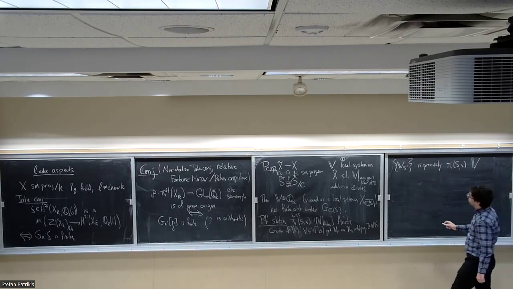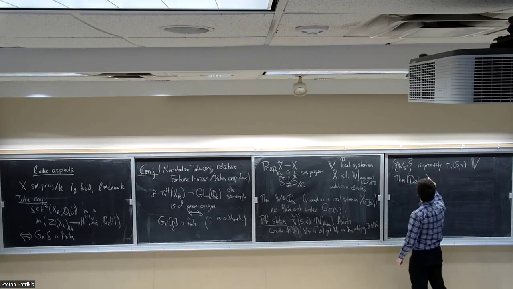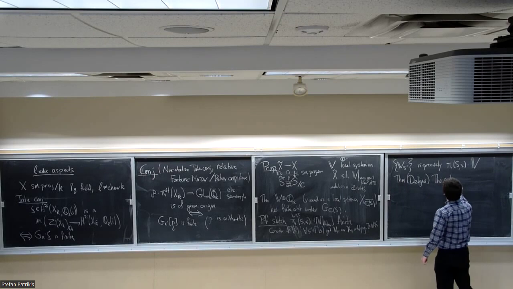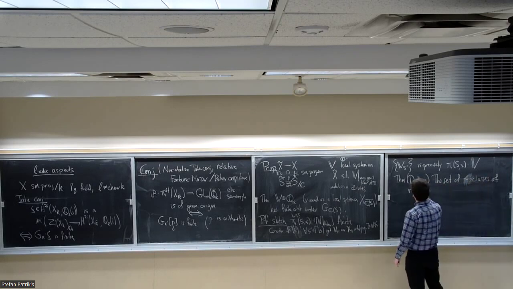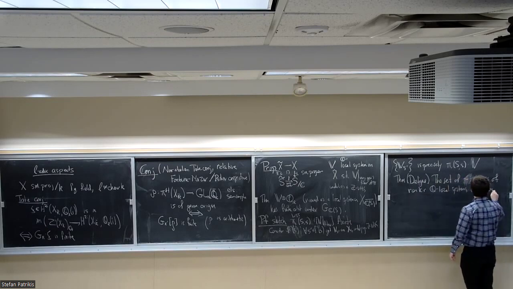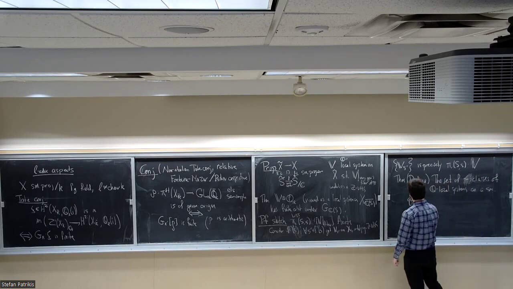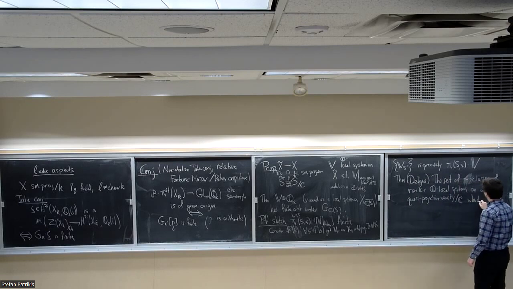Okay, but now here's a beautiful theorem of Deligne. So the set of isomorphism classes of rank R Q local systems on a smooth quasi-projective variety over C, which underlie ZVHS.